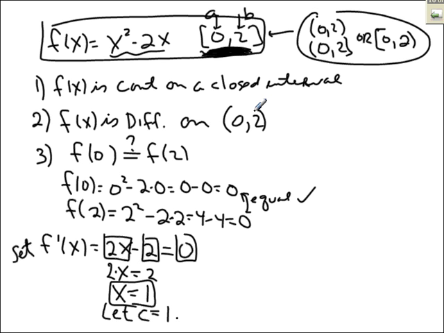Now, if the derivative was more than a linear equation, if the derivative was a 5th-degree equation, you might get 5 zeros. Not all of them will be between 0 and 2. So don't let c equal those c values that are not in between 0 and 2.